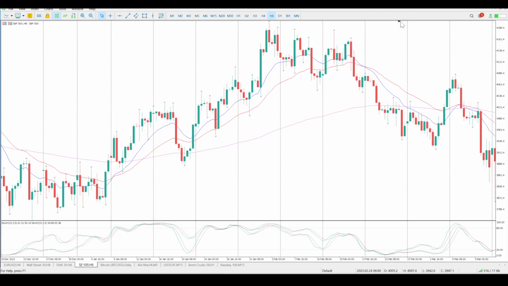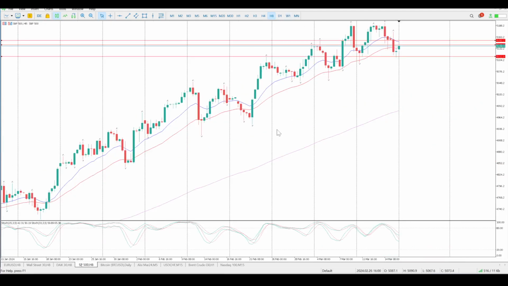So for now, there are a couple of potential topping signals, and this is the first one. We've obviously broken the trend line that has been in place since mid-Feb. We crashed through it on Friday.